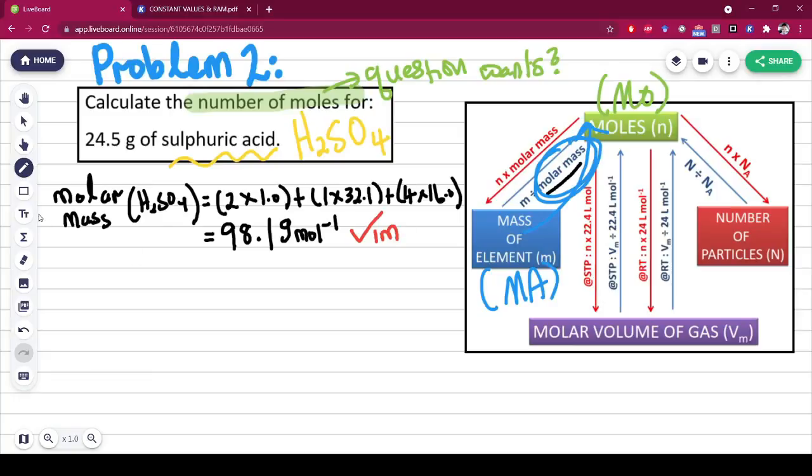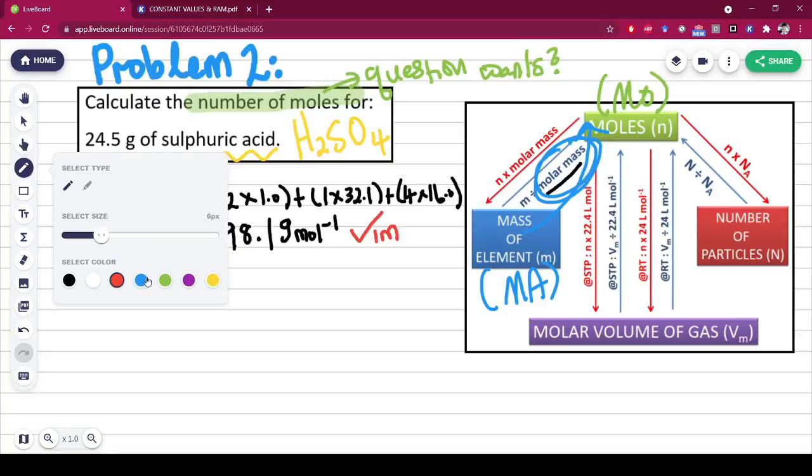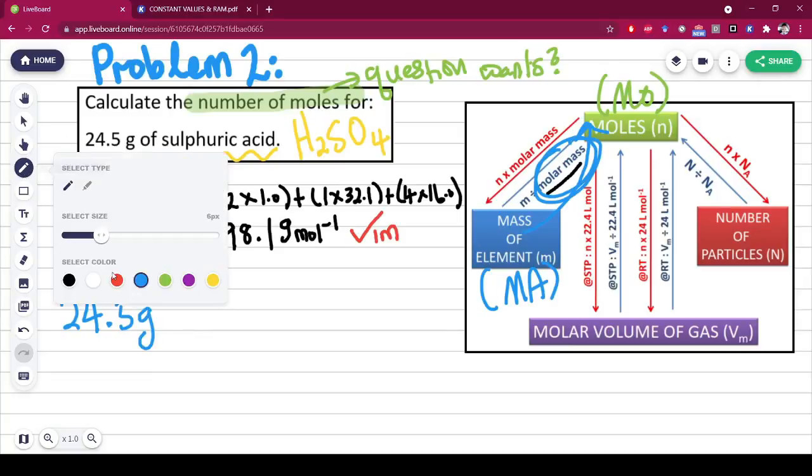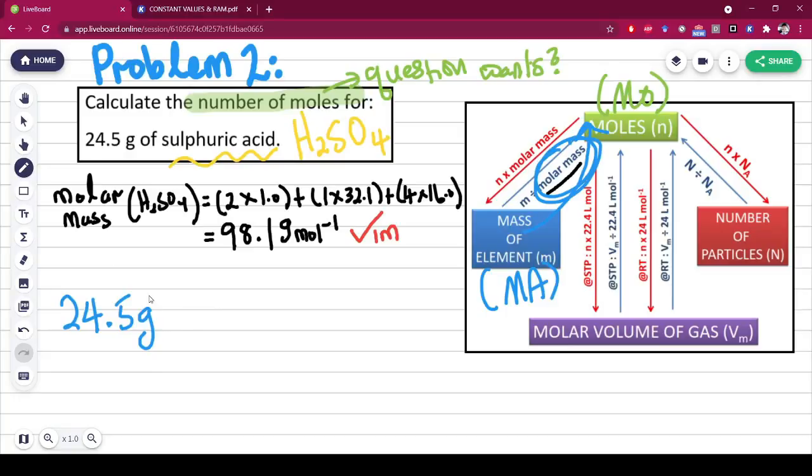Right, so step 2, we're going to proceed with taking the mass that is given to you in the problem, divide that with the molar mass. Okay, so the mass given to you is 24.5 grams, and we will divide that with the molar mass that you have worked out. Divide with 98.1 gram per mole.